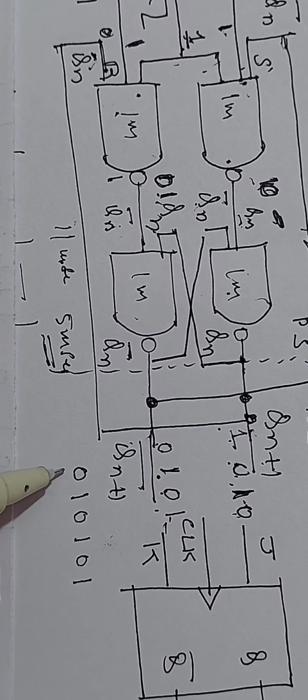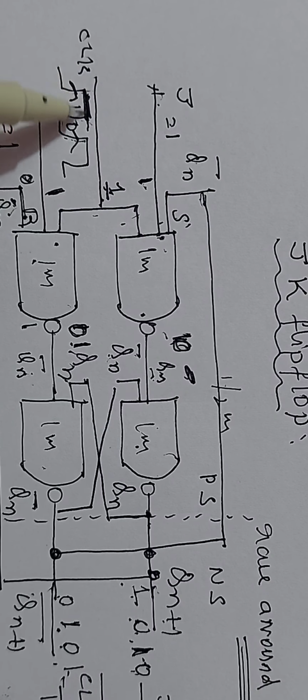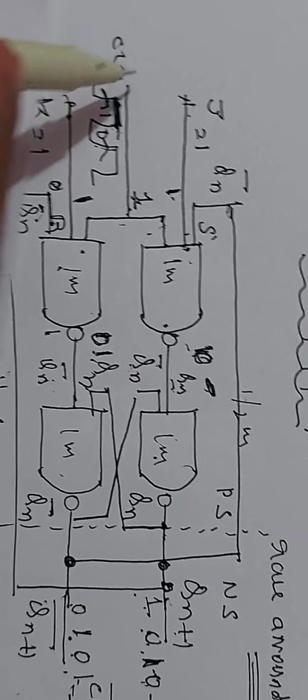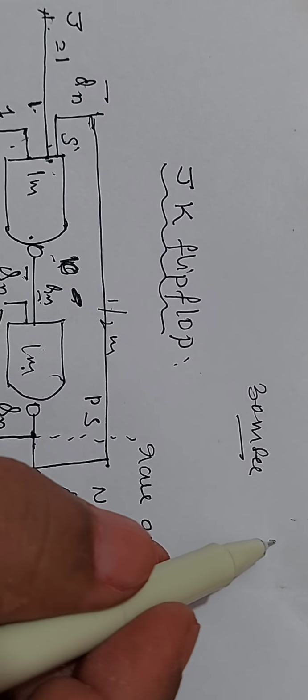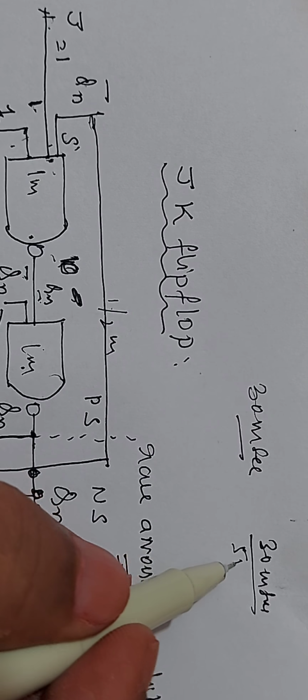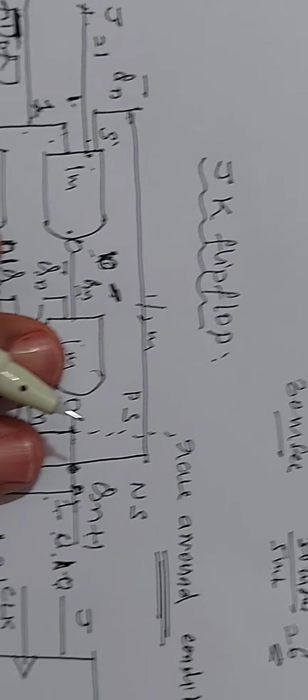But every change of state takes 5 milliseconds. Therefore, for this clock period of 30 milliseconds, how many race around conditions are obtained? Simply 30 milliseconds divided by propagation time 5 milliseconds, which is equal to 6. That means 6 times there is a continuous change of state from 0 to 1, 1 to 0.